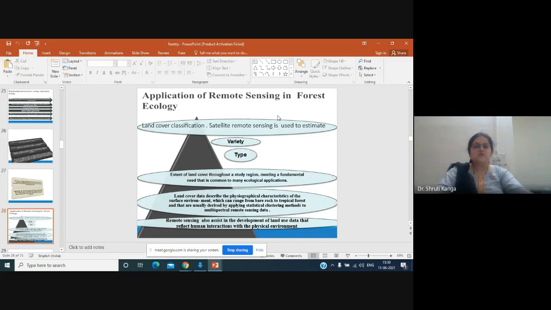Remote sensing also assists in the development of land use data that reflect human interaction with the physical environment. So what kind of analysis or application of remote sensing is there in forest ecology? We can go for a variety of studies, like different classifications of forest.